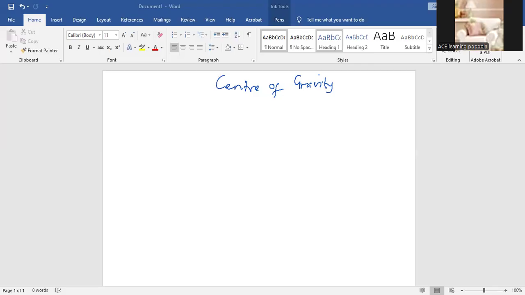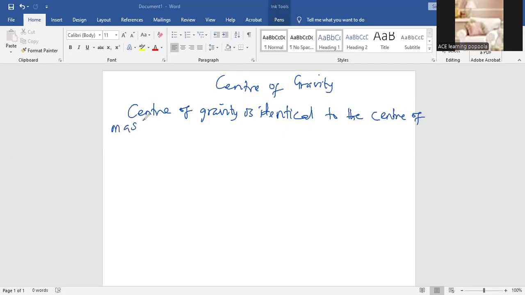Now, the center of gravity of an object is the same as the center of mass of an object. The center of gravity is identical to the center of mass of objects.